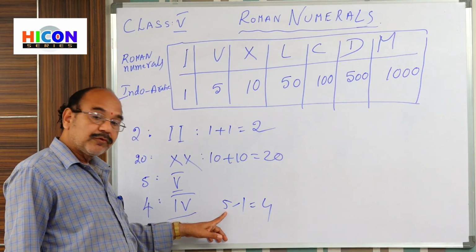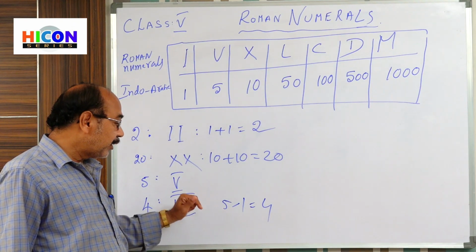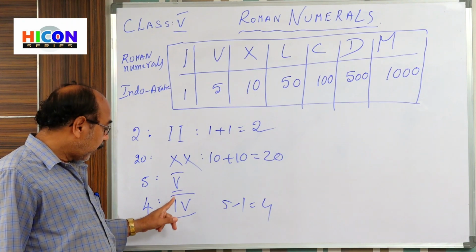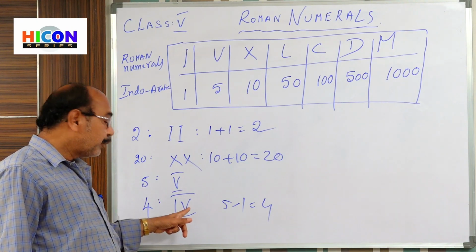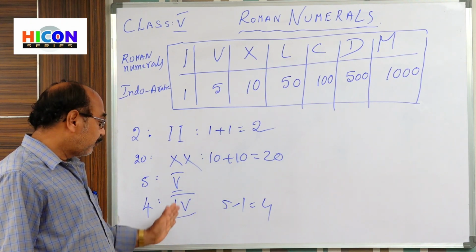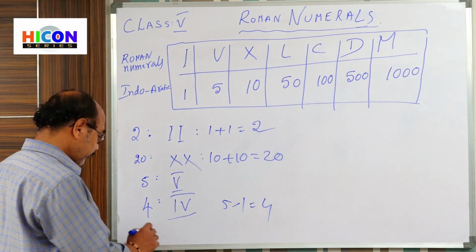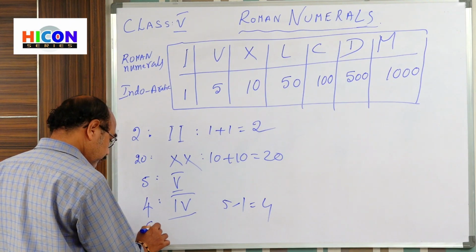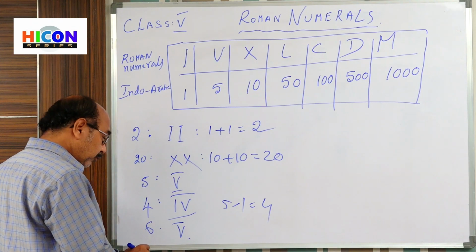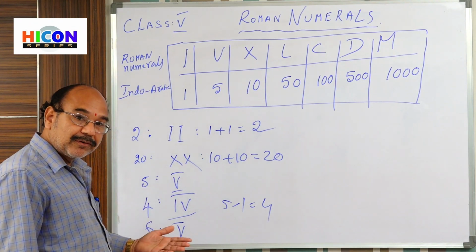V represents 5. I represents 1. And I wrote I to the left of the bigger number. If we write on the left side, then subtract. If we write on the right side, what will happen? Suppose 6. V is 5. Now, addition. 5 plus 1.